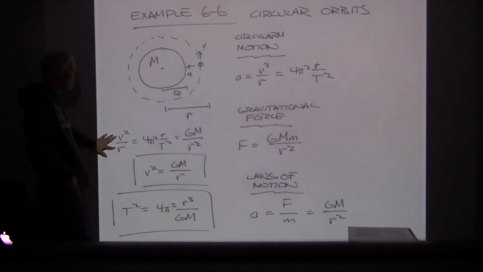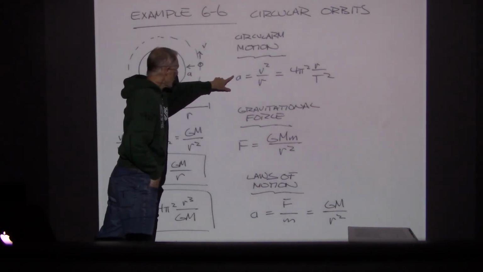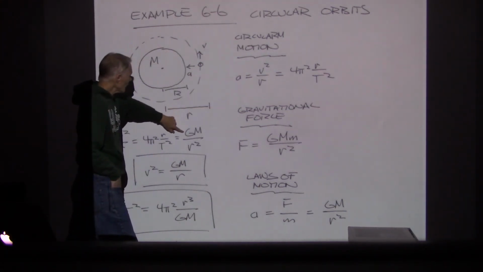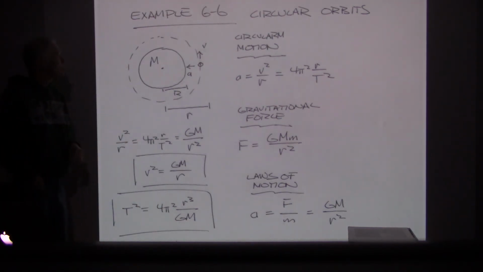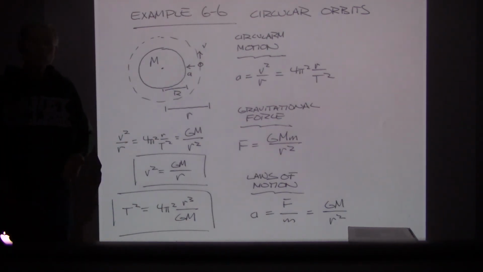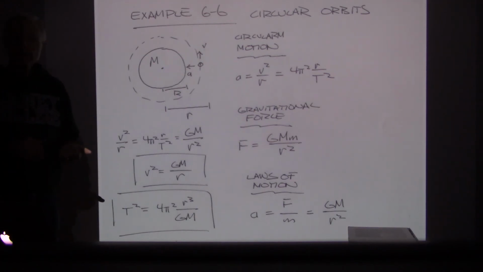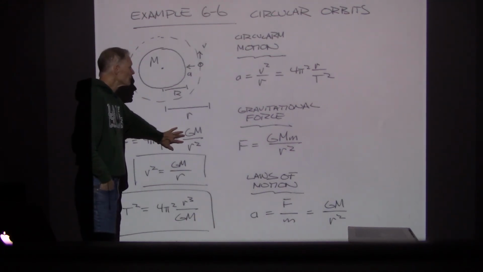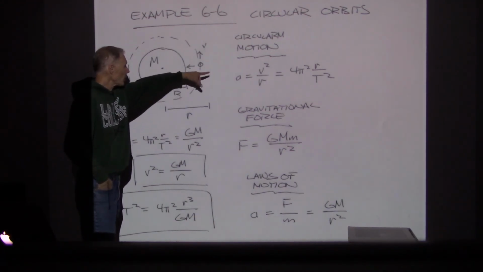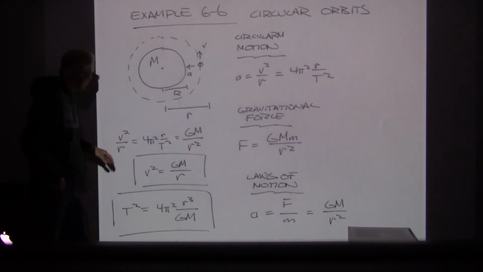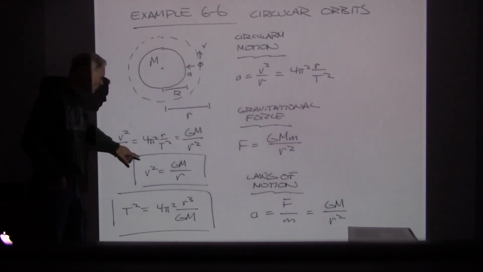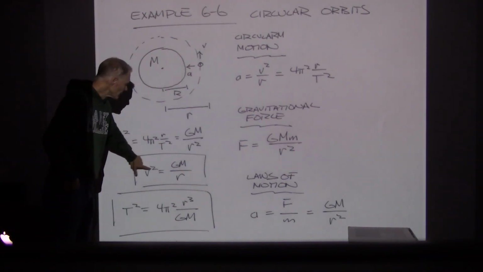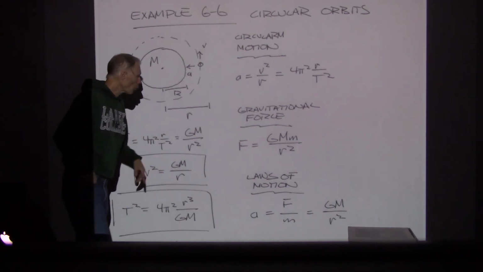Now that's going to be equal to the acceleration, and the acceleration is the same thing as the gravitational field. So it's gravity that's creating the acceleration, and specifically the gravitational field tells us what the acceleration will be. So what that turns into then is v squared is equal to GM over r.